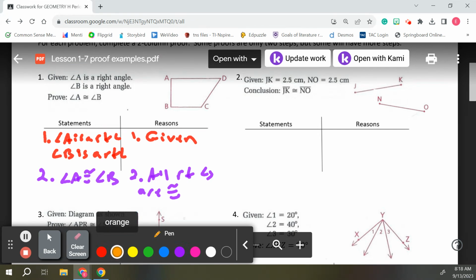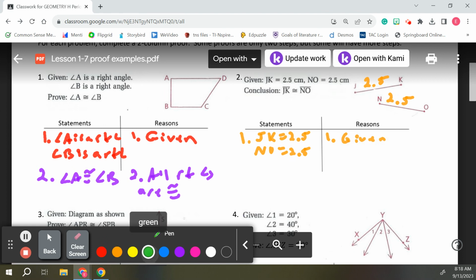It says given JK is equal to 2.5 centimeters, NO is also 2.5 centimeters, you need to prove that JK is congruent to NO. So again, just like before, we're going to start with those given statements. So JK equals 2.5, NO equals 2.5. So that's given. Now, they want us to prove that these two segments are congruent.